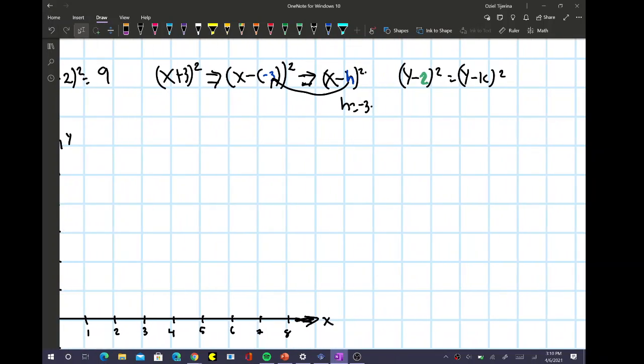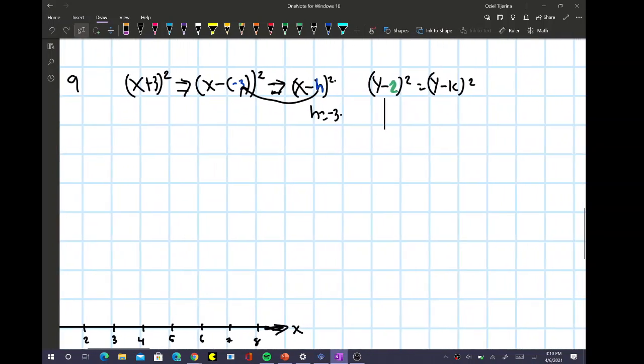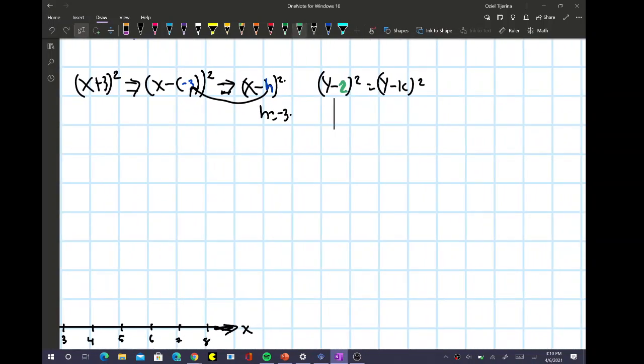So, as I was saying, since we have a y minus 2 squared, this would be our k value. So we would have k equals 2 as our k value, right?